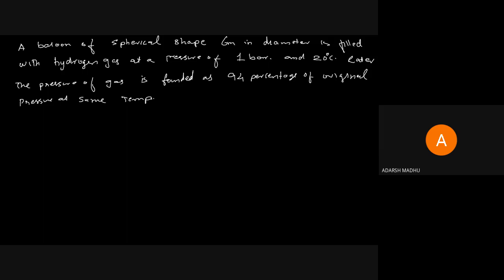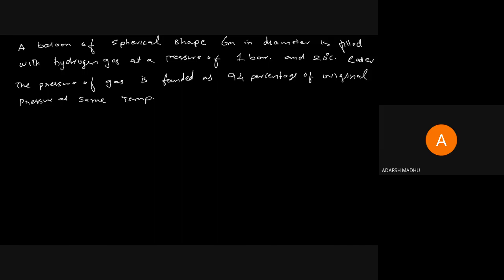A balloon in spherical shape, 6 meter diameter, is filled with hydrogen gas at a pressure of 1 bar and 20 degrees Celsius. Later, after some time, the pressure is found to be 94% of the original pressure at the same temperature. Temperature is not changing.